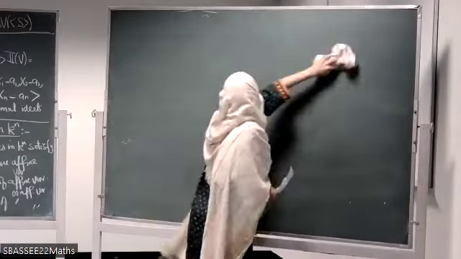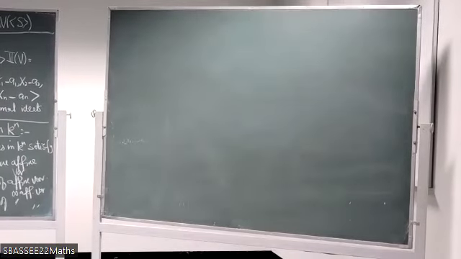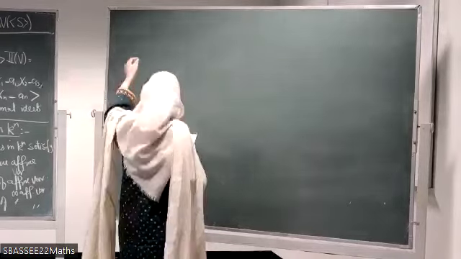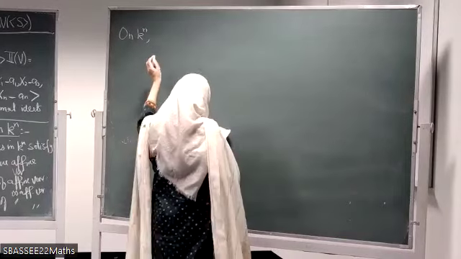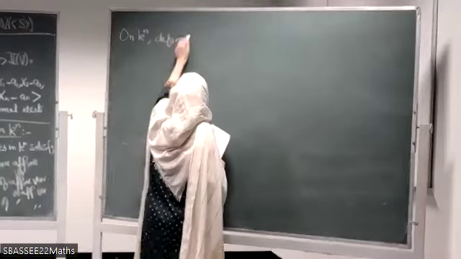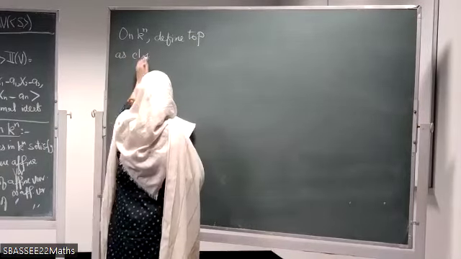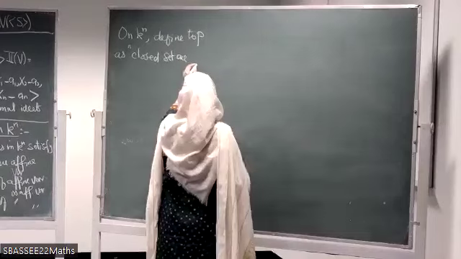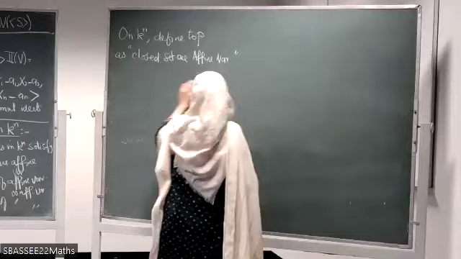Now we will talk a little bit more about the topology of our affine space. On K^n, we define a topology where the closed sets are affine varieties. Right?